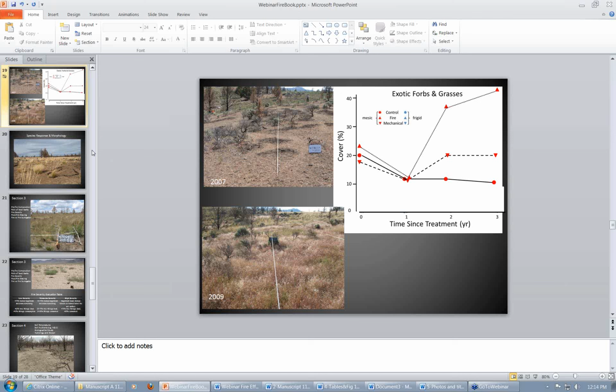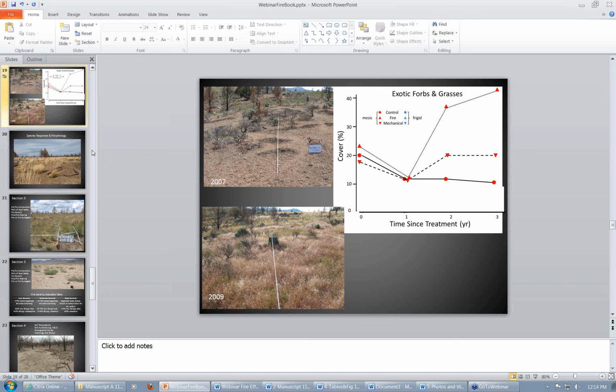Parts of this area, particularly on the more northerly aspects, had a good component of bluebunch wheatgrass, and we saw very little change in composition in terms of exotics moving in. The bluebunch definitely increased, and we saw a decline in the juniper and sagebrush.